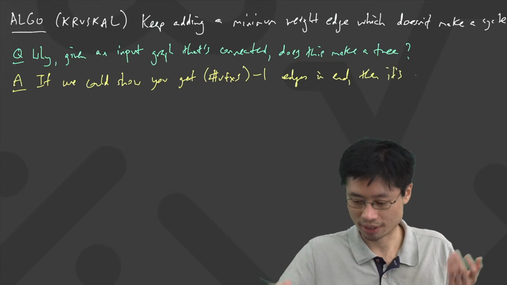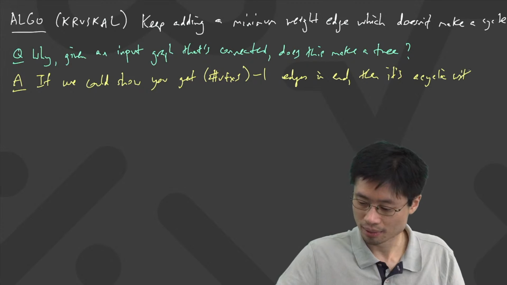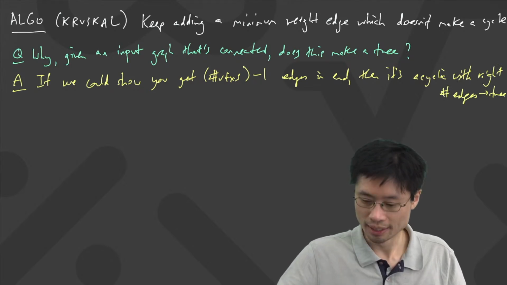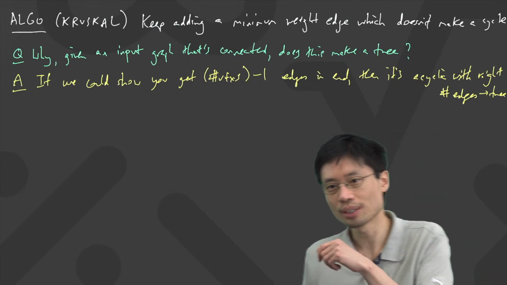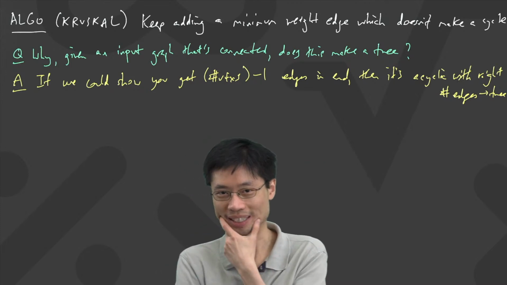It has no cycles. We already know that. That's forced. It's acyclic with the right number of edges, and that gives you a tree. But the catch is, how do I know I actually get to n minus 1, vertices minus 1 edges?